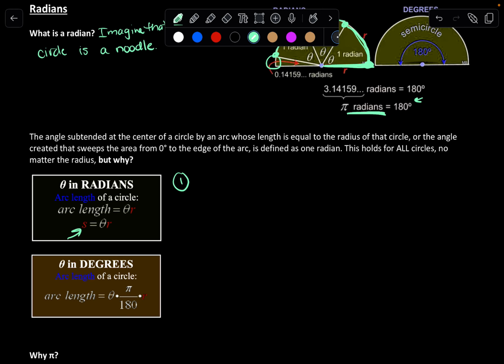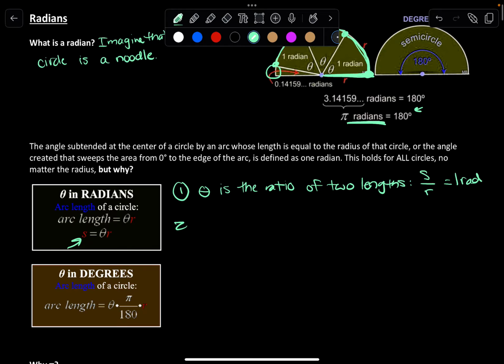So the first thing that we need to remember is that theta is the ratio of two lengths. And we talked about this before in a different unit. It's the ratio of two lengths. It's the arc length divided by the radius, which is equal to 1 radian. And this is the result in a unitless measurement, because the arc length is in, say, we'll call it feet. The radius is also in feet. When you divide those two, they cancel out.